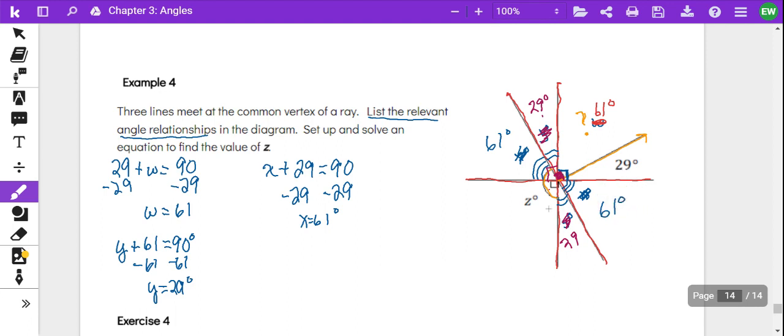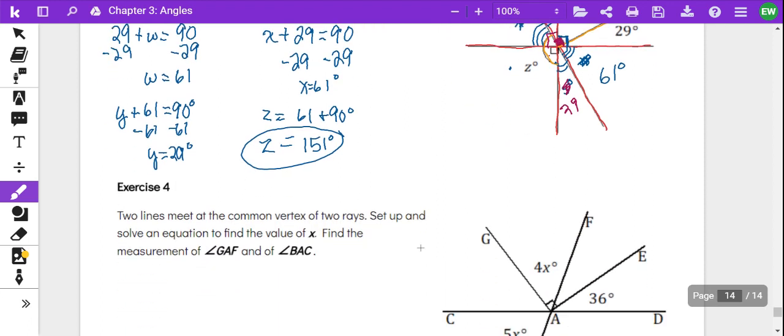Oh boy, now I can solve for Z, which is this giant angle here, because I have 61 here, and I have Z, and I have 90. So Z is going to be equal to 61 plus 90, which gives me 151 degrees. I told you it was a lot of work. So labeling and really looking at your diagram is important when you're looking for missing angles.